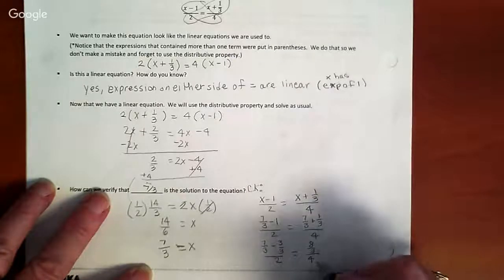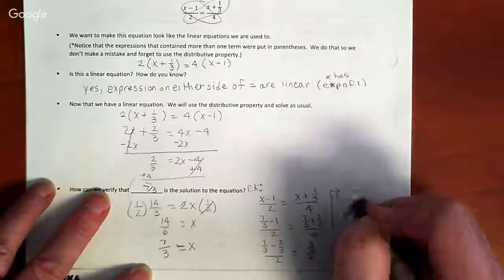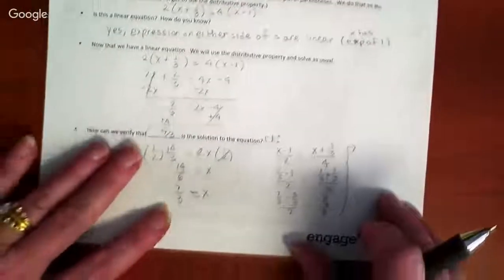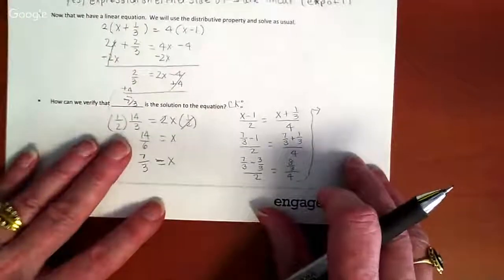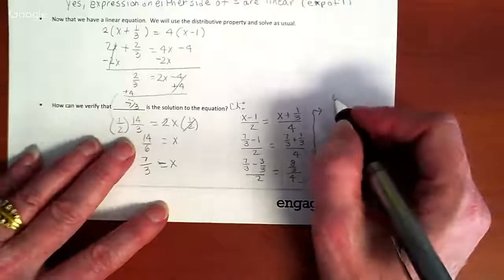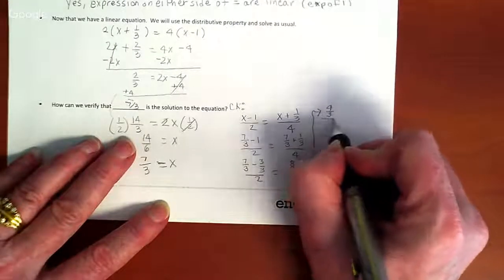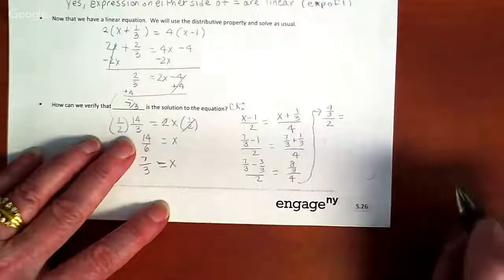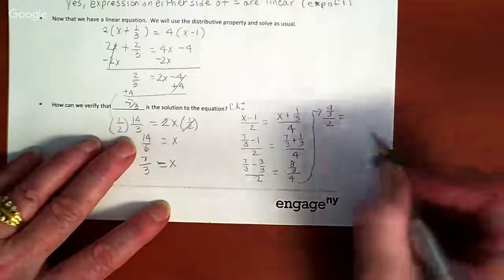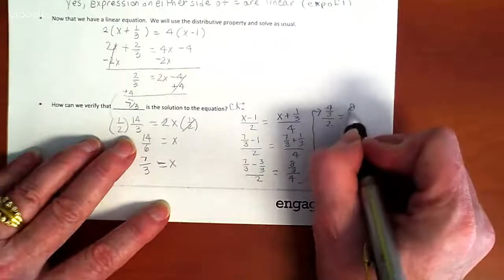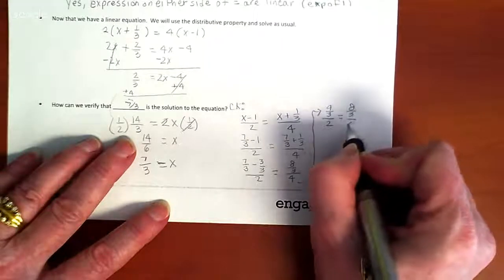So now I've got 4 over 3 over 2, okay, equals 8 over 3 over 4.